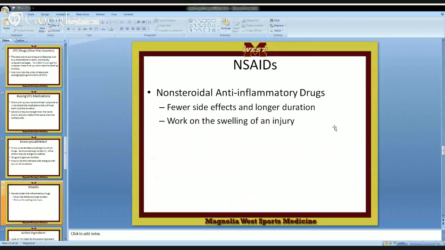NSAID. If you look here, what is that? Non-steroidal anti-inflammatory drugs. So you're not using steroids. Now we have talked about steroids, haven't we?